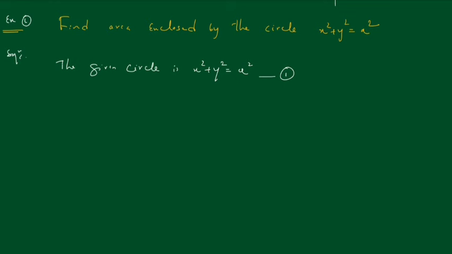Take it as equation 1. Already you know this is a circle whose center is the origin, 0, 0, and radius is a.